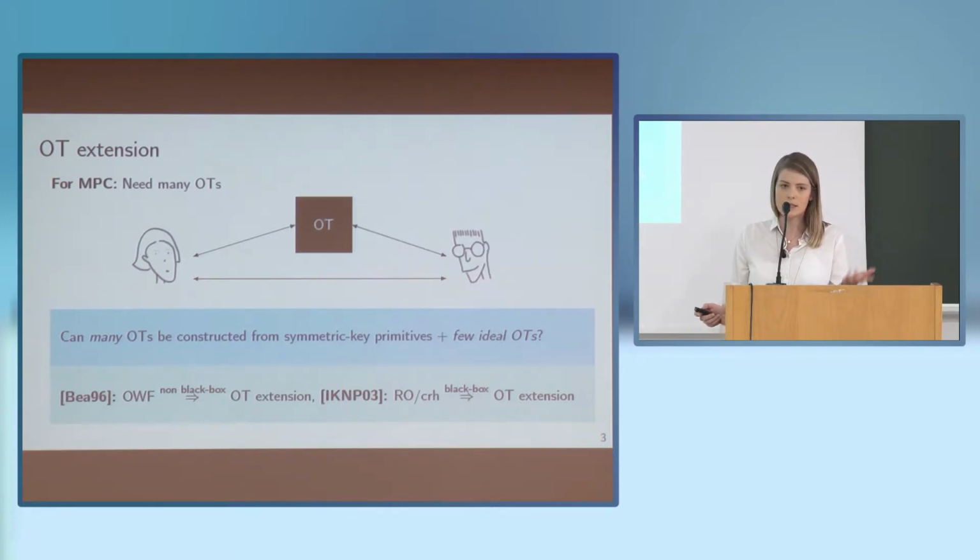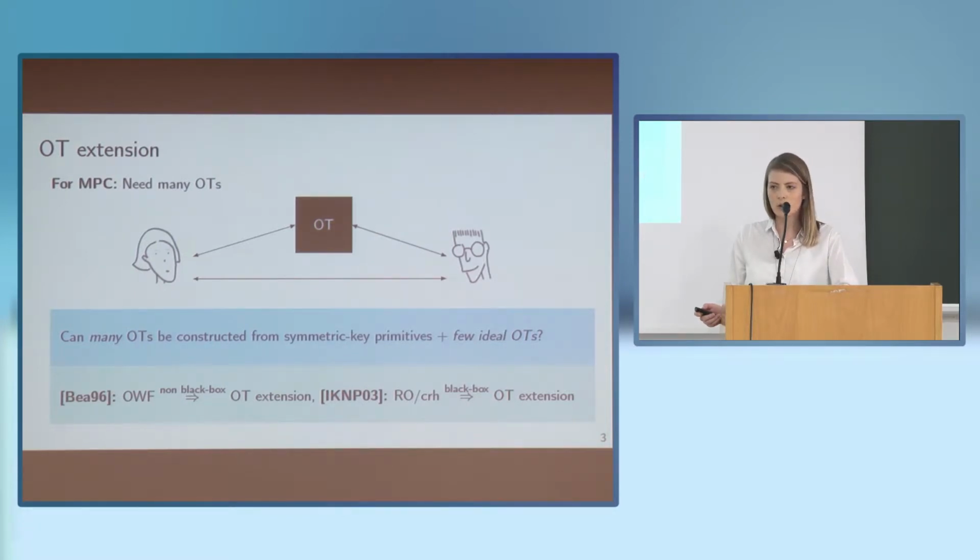This is basically the first approach, and the second approach, the very high-level idea is, instead of doing a lot of OTs with few messages, you do a few OTs with a lot of messages. This has the advantage over Beaver of being much more efficient, but in order for this to work, you need to reverse the roles of the sender and the receiver.